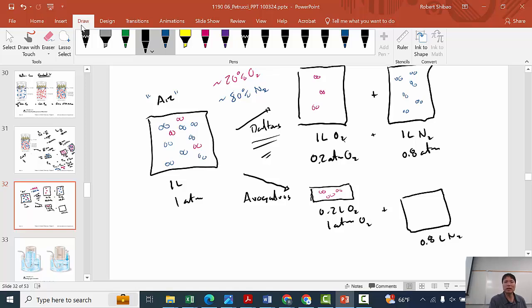But the pressure of the nitrogen will be 1 atmosphere. So we're just going to compress it so it makes 1 atmosphere.